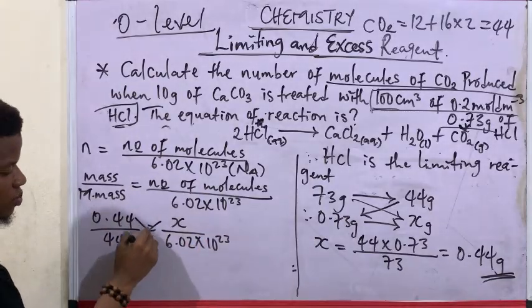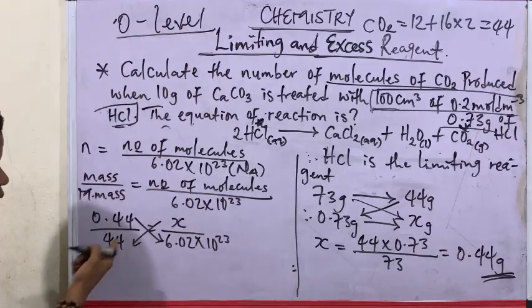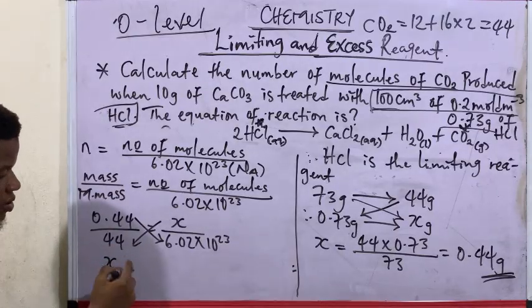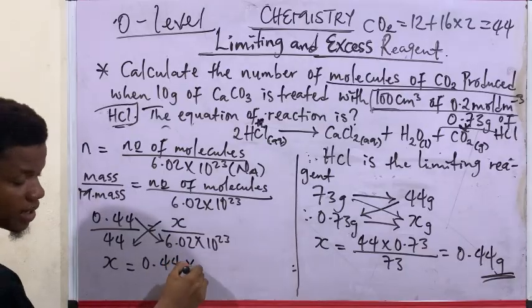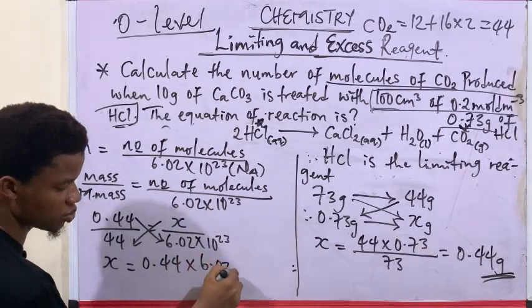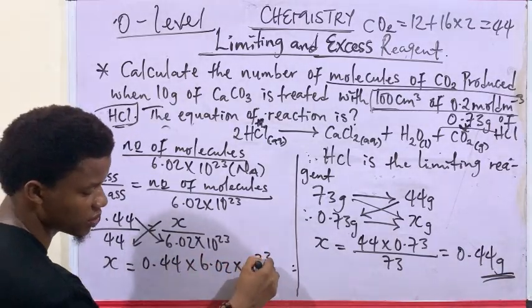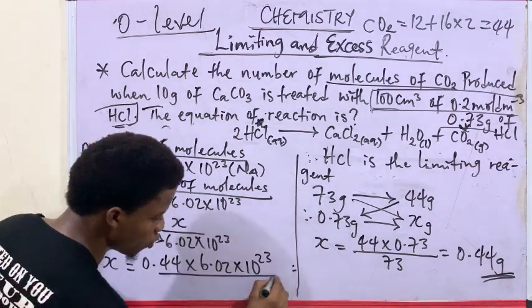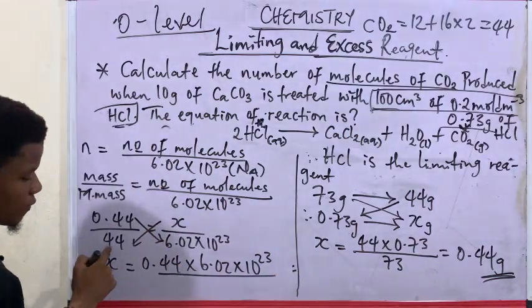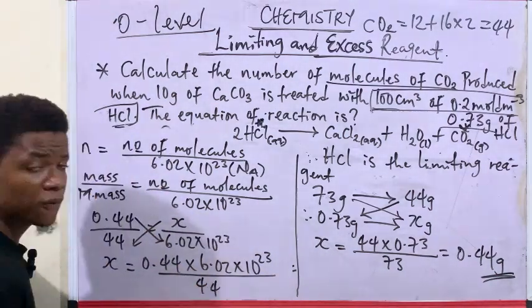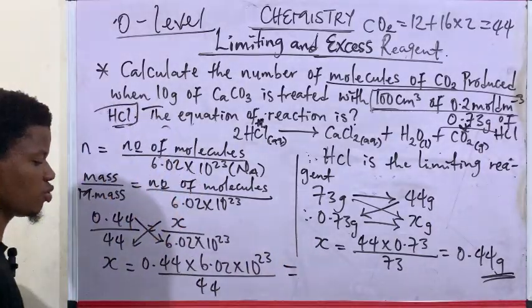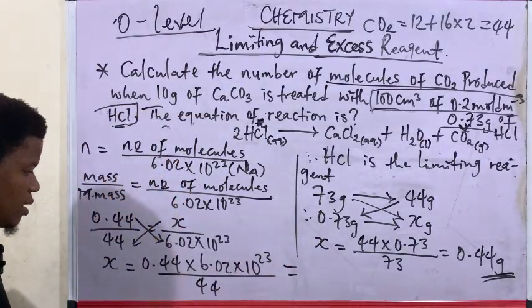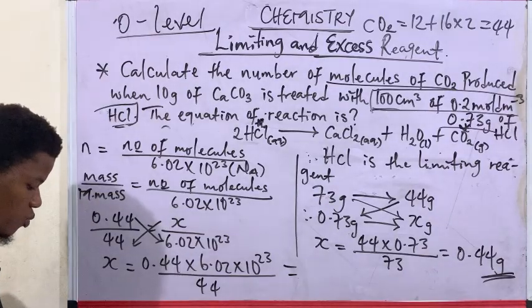So by the time we cross multiply and divide, we are going to arrive at x is equal to 0.44 times 6.02 times 10 raised to the power of 23 all over 44. So put this into your calculator and let us go.